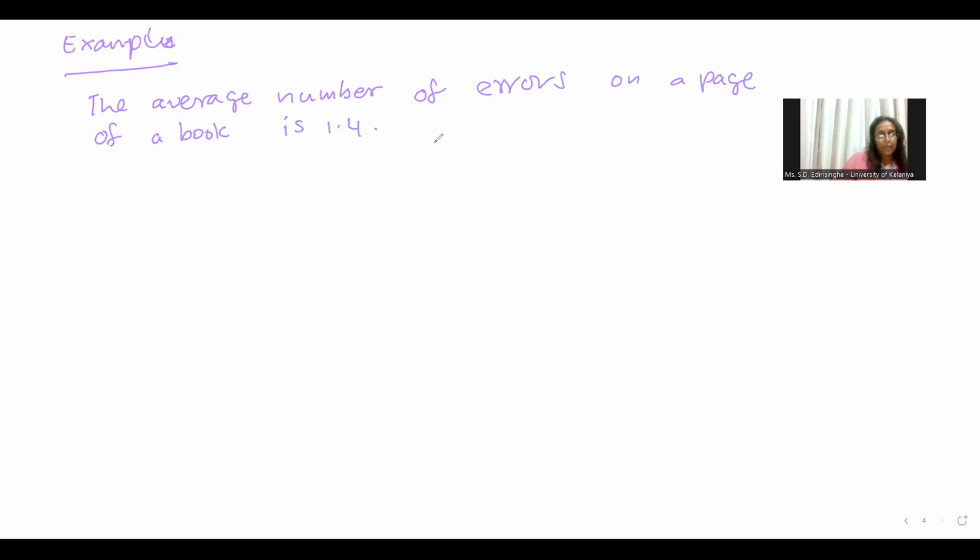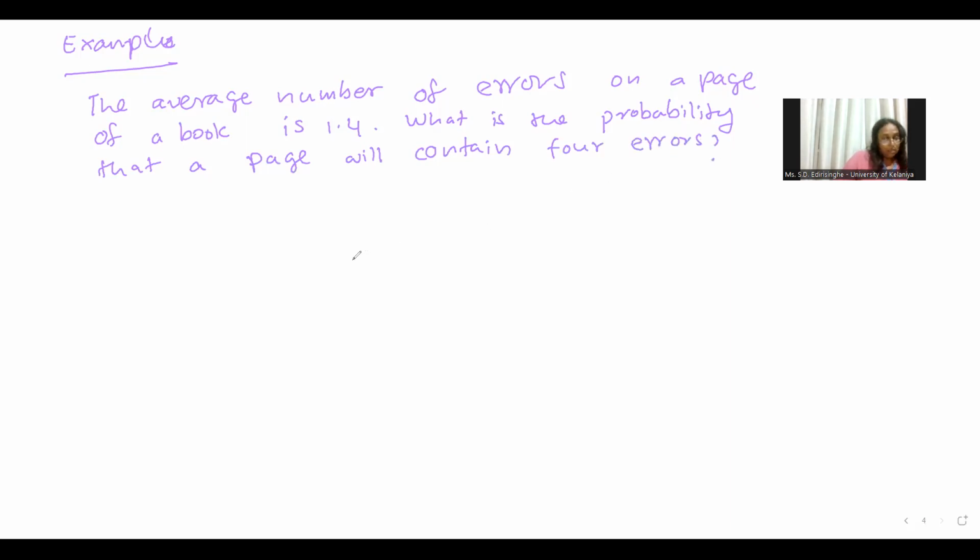What is the probability that a page will contain 4 errors? Okay, the average number of errors on a page of a book is 1.4, right?